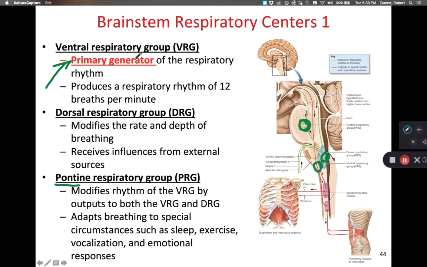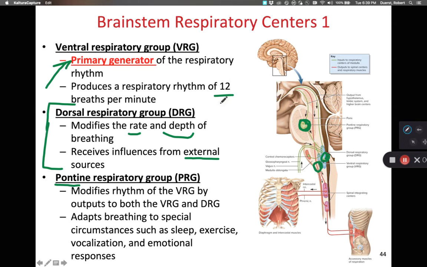So the ventral respiratory group is going to, by default, make us breathe in and out about 12 times a minute. That dorsal respiratory group is going to moderate or change the frequency of breathing in and out and how deeply we breathe in and out. And this is where we can receive influences, some peripheral nervous system input, some external sources to help us control the rate that we breathe in and breathe out.